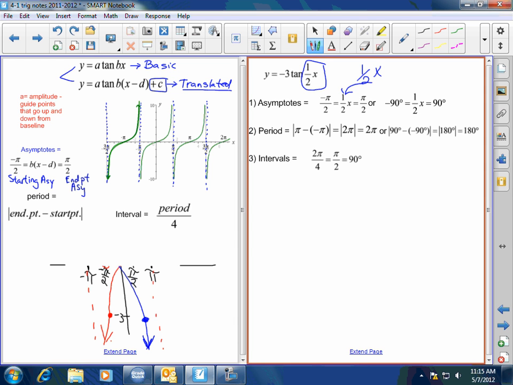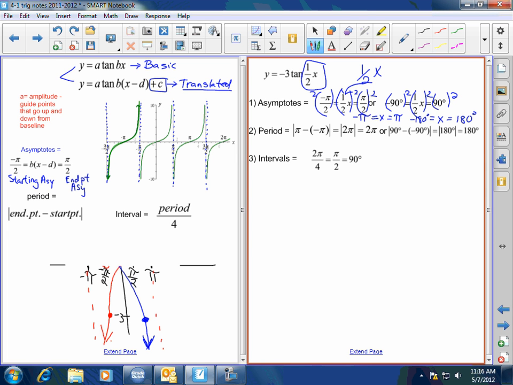So when you solve for this, guys, and you multiply 2 to all sides, you're going to get my asymptotes are negative pi and pi. Or, if you multiply 2 in the degrees, you'll have that x is between negative 180 and positive 180. Is everyone with me so far?